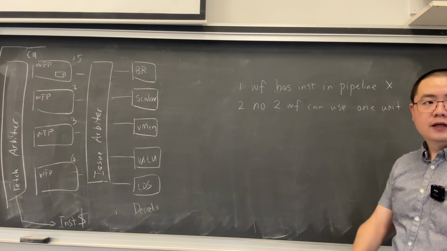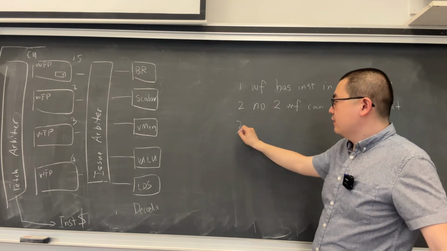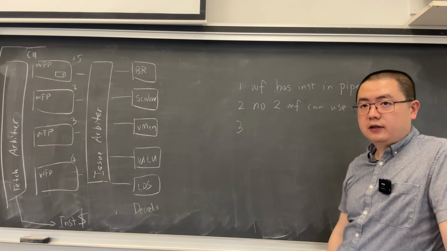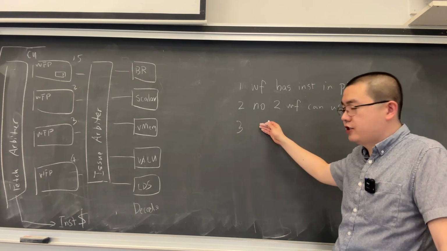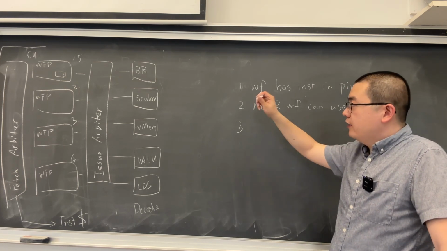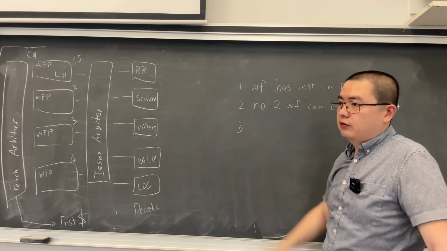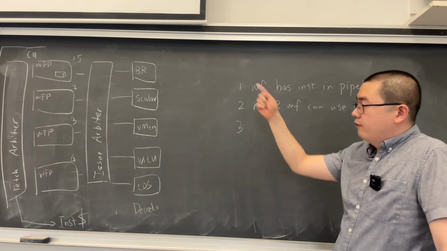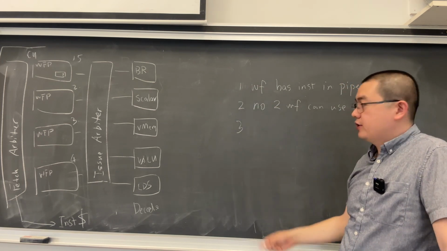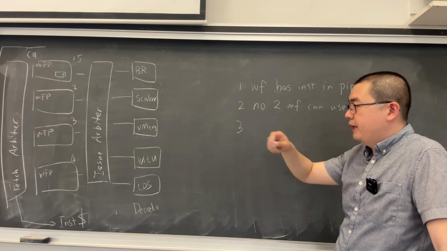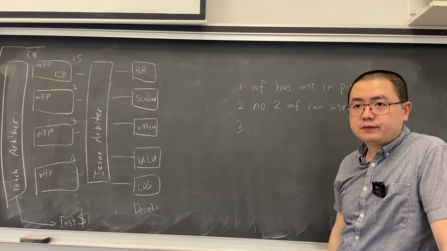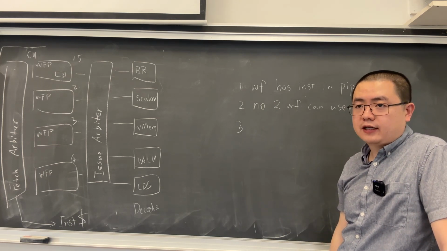Okay, and then the third one is not necessarily a rule, it's a design policy, and this can still change. So even after filtering out the waves by these 2 rules, there may still be more than 5 that we can select from, right? So which one can we select?